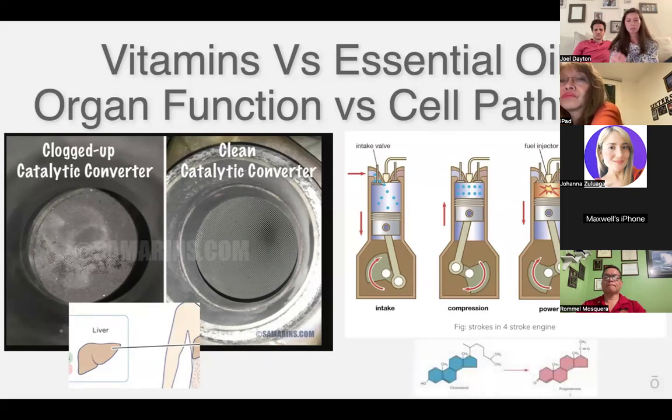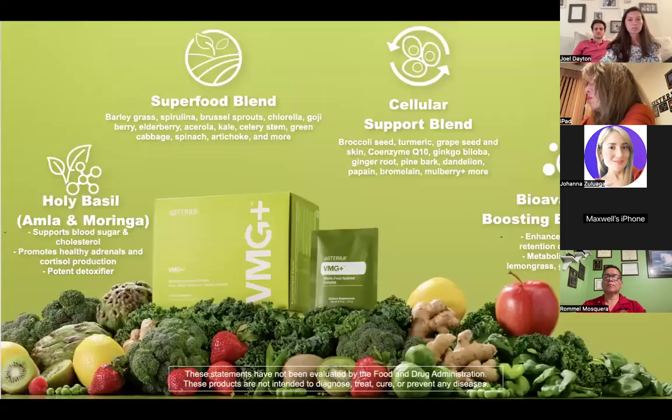So that brings us back to cholesterol converting and becoming different hormones. So we want both to happen, right? We need our organs to function and we need reactions to be happening properly to have that cardiometabolic health. So we're going to focus on vitamins first and then the essential oils too.